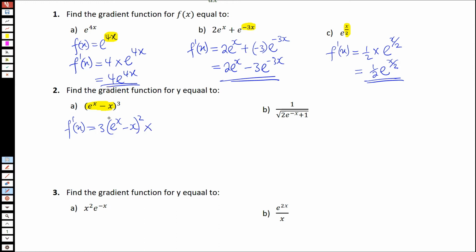And then the derivative of the inside part will be e to power x is just e to power x, and derivative of x is 1. So our solution will be 3 into e to power x minus 1 multiplied by e to power x minus x to the power of 2.